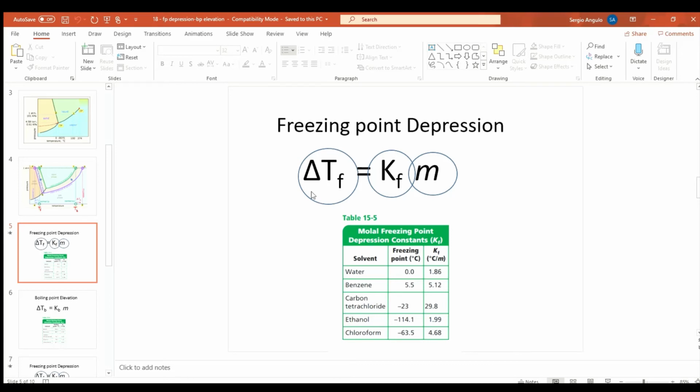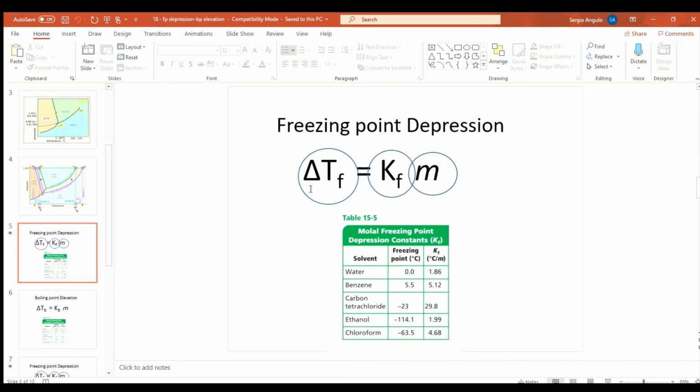How much is your freezing point going to drop? You also have to take into account what the freezing point of the substance is, of the solvent basically. Most of the information here is of the solvent. And how much the freezing point of the solvent is going to drop is what we're trying to calculate here.